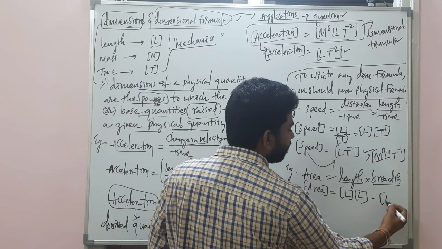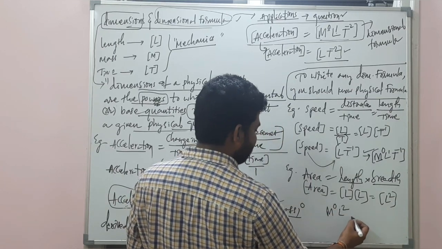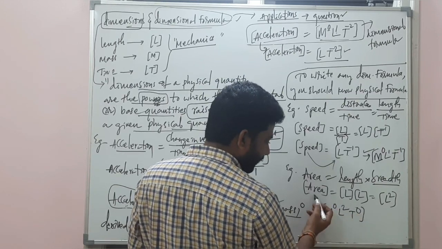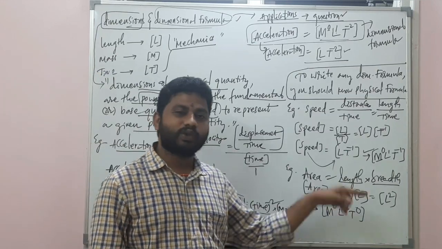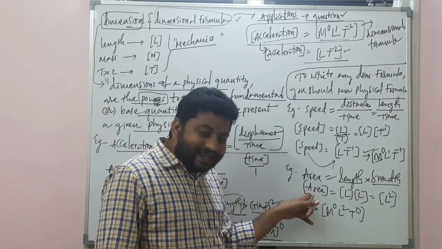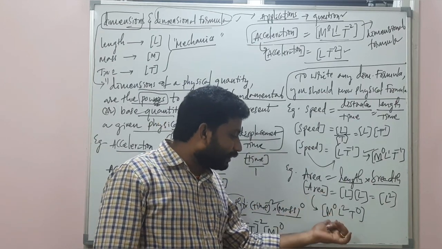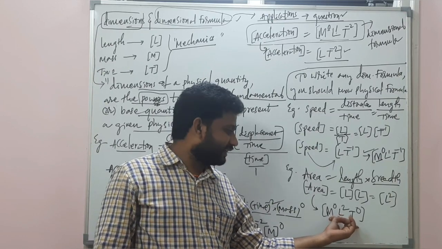So it is L square, and I can also write M0 L to the power 2 and T to the power 0. So the dimensional formula of area is M0 L2 T0, because the area of any surface or object is independent of its mass and time. Yes or no?